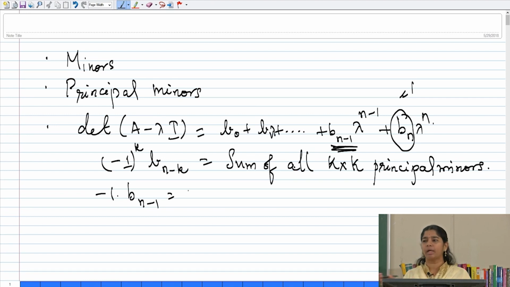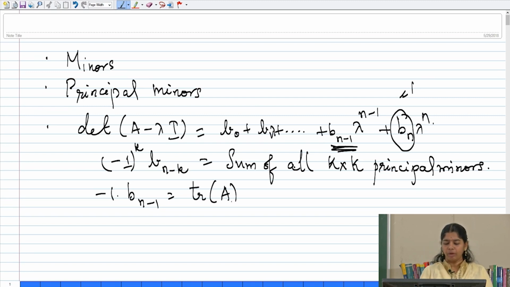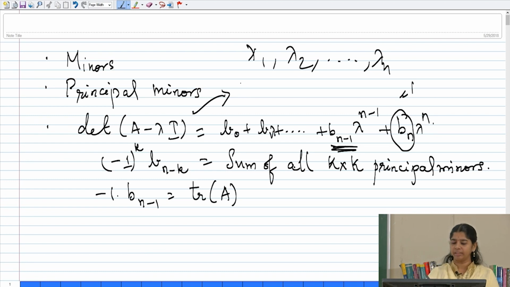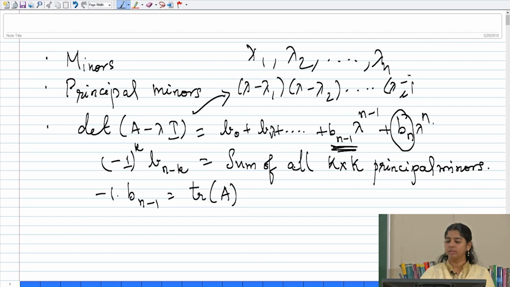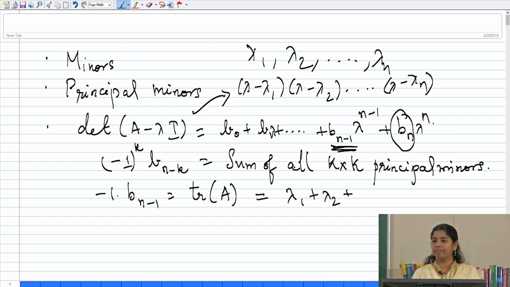So the sum of all the diagonal entries is nothing but the trace of A. We also said that if the determinant has eigenvalues lambda 1 to lambda n, then we can write the same polynomial as factors, lambda minus lambda 1 into lambda minus lambda 2 and so on. With this representation, if we look at the coefficient of lambda power n minus 1, this would be nothing but the sum of all the eigenvalues.